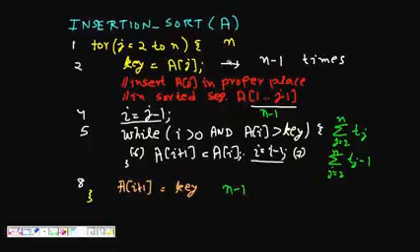So it runs n times, for 2, 3, 4, 5 till n. And then key is equal to a[j], so that runs n minus 1 times.